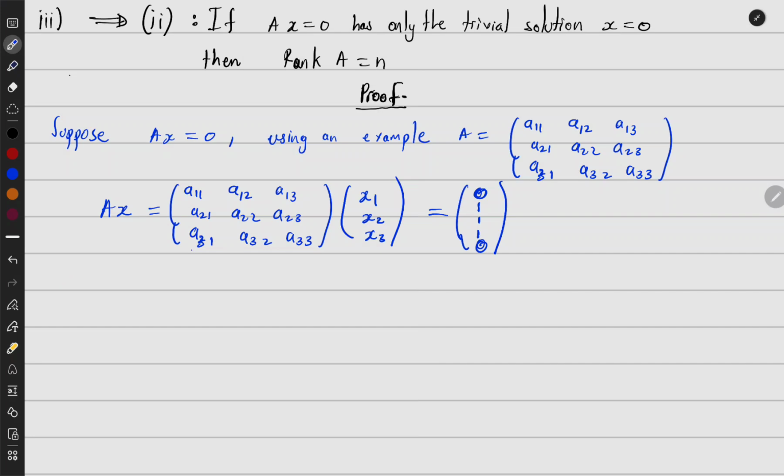So you find that I can write each of these in column form.